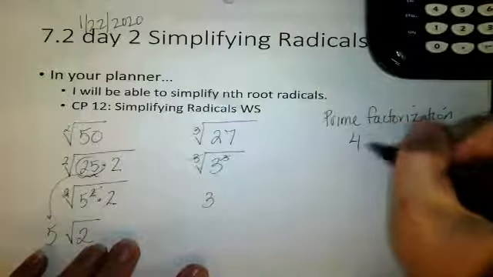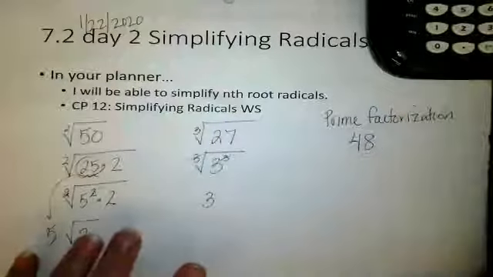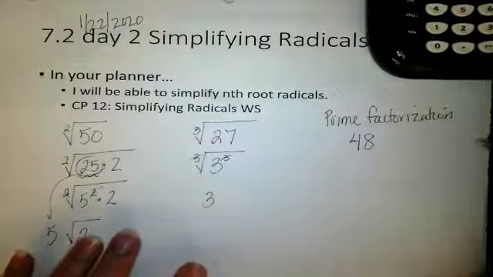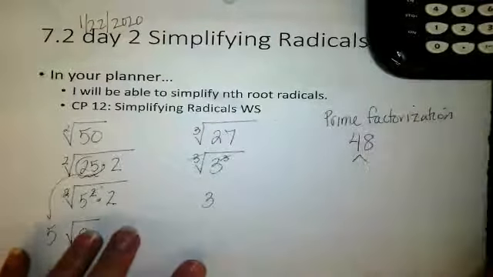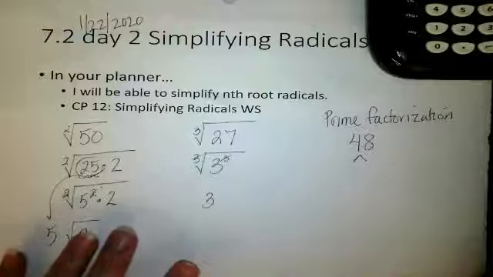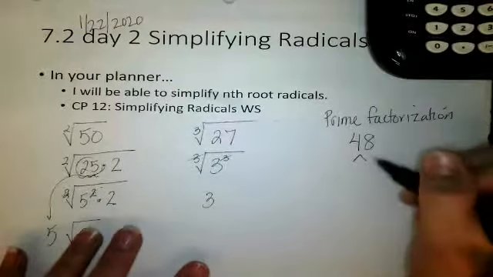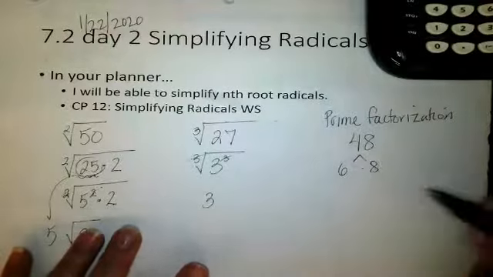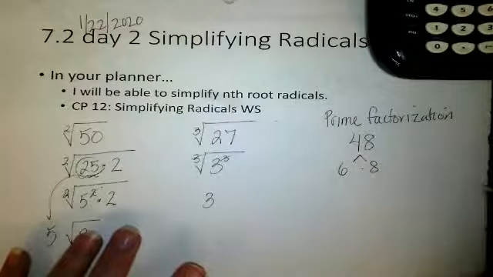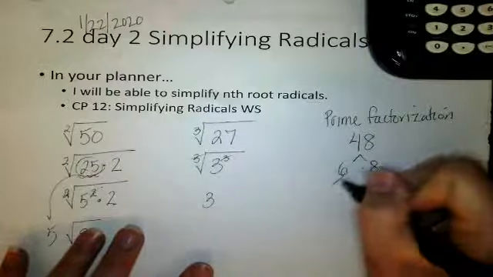If I have a number like 48 and I want to write it in its prime factorization, that means break it apart. 48 is what times what? 6 times 8 is 48. Those numbers break down further, don't they? 6 becomes what?